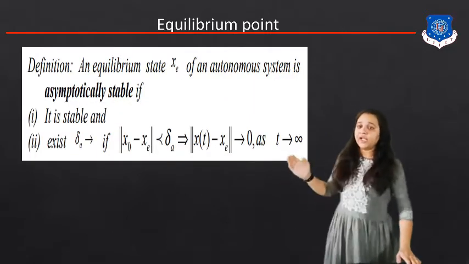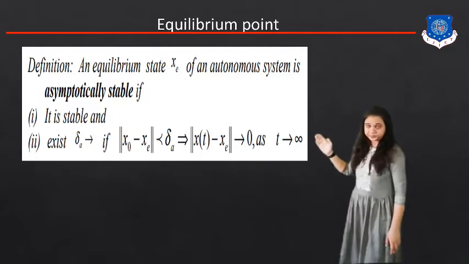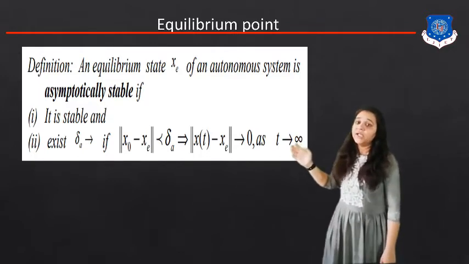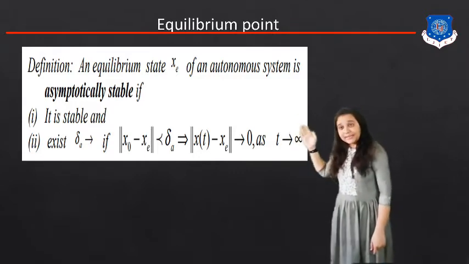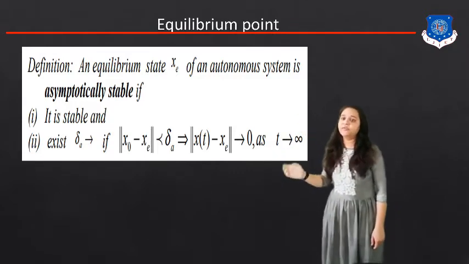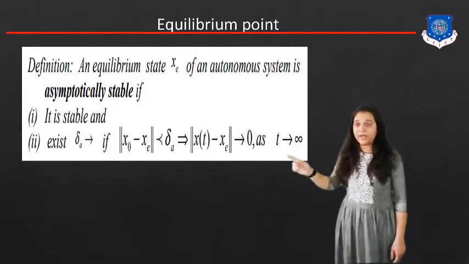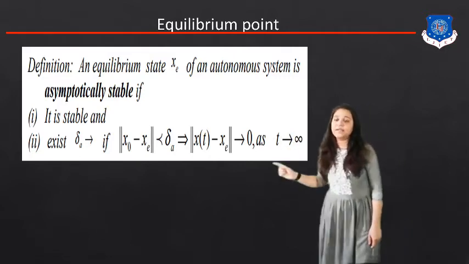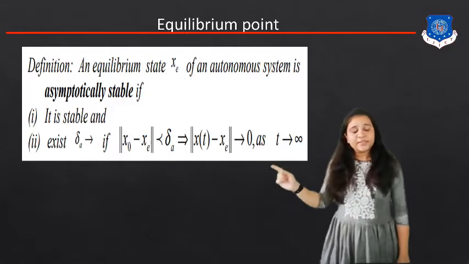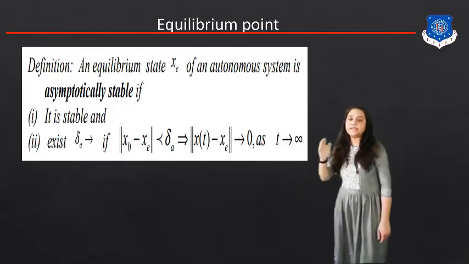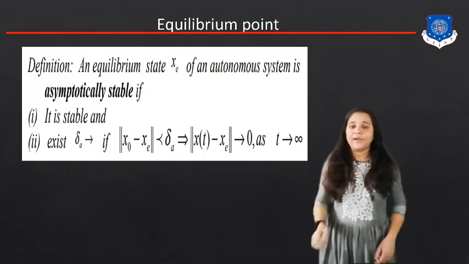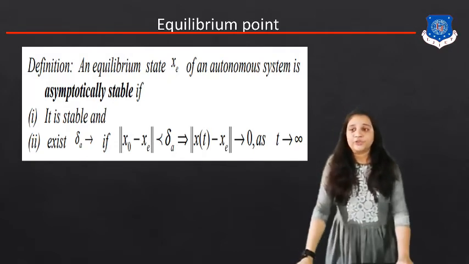Okay, so an equilibrium state xe of an autonomous system is asymptotically stable if the first condition is that it is stable, and there exists a delta such that if norm of x0 minus xe is less than delta, then x(t) minus xe tends to 0 as t tends to infinity.